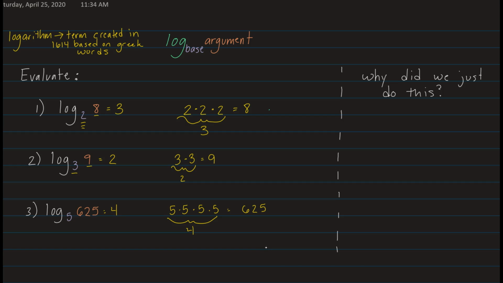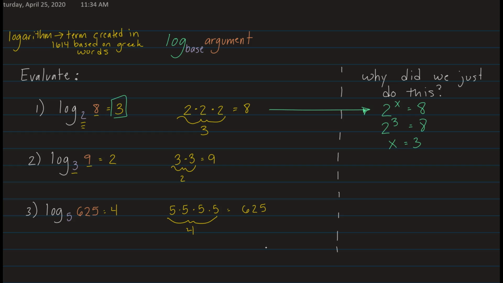This question is the same as writing 2 to the power of x is equal to 8. So if you saw this, 2 to the power x is equal to 8, you, again, in your head, ask yourself, how many times do we multiply 2 times itself to give us 8? Well, 2 raised to the power of 3 is 8. This means x is 3. That's the exact answer we got over here.